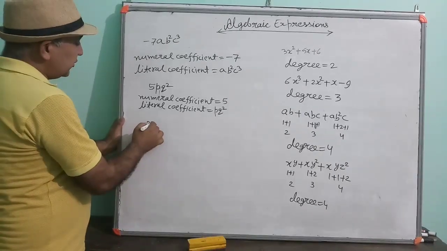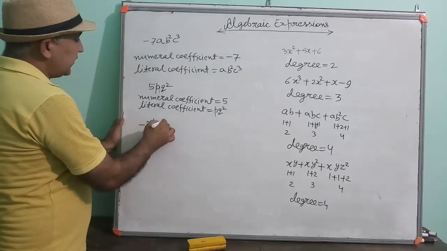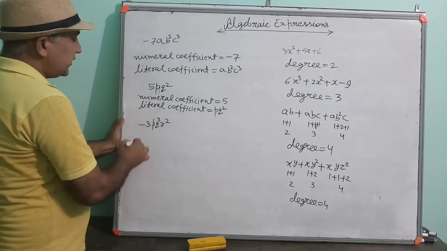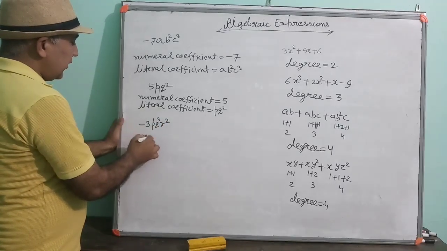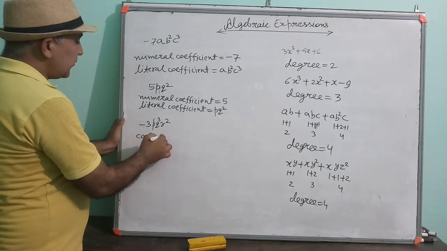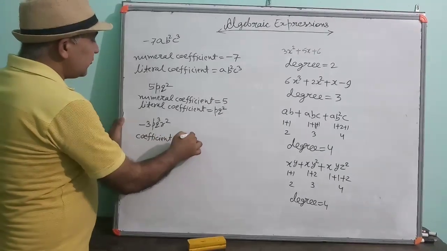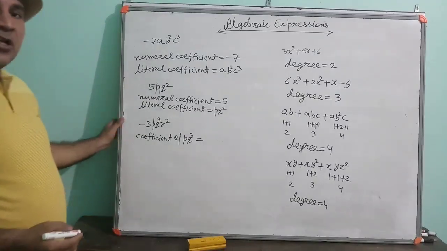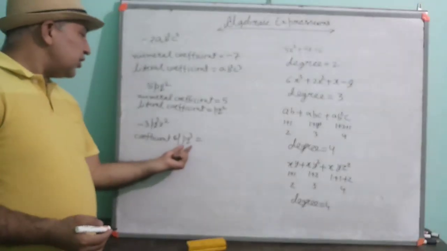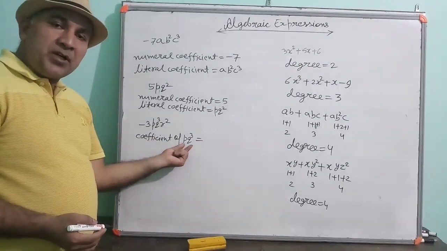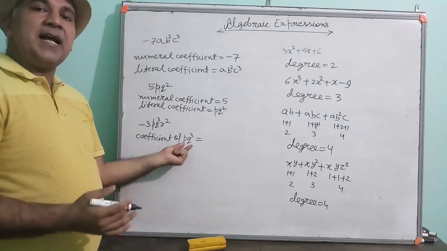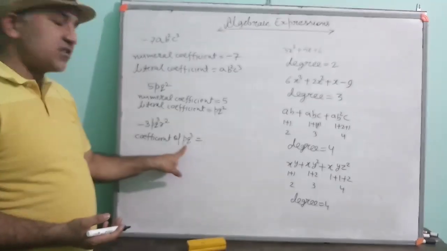Suppose you have one equation minus 3pqr square, pq square, and you are asked to find the coefficient of pq cube. So in this case, the coefficient of any number means the multiplied and divided terms with this number.